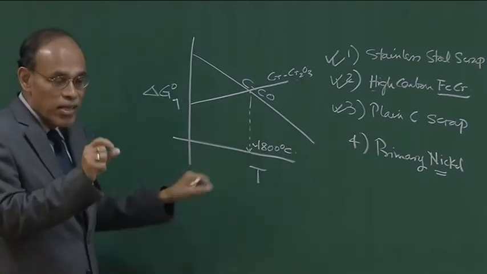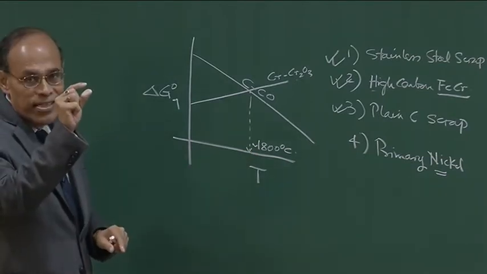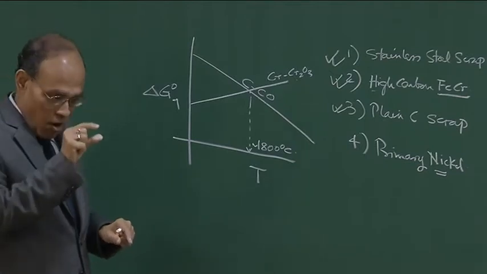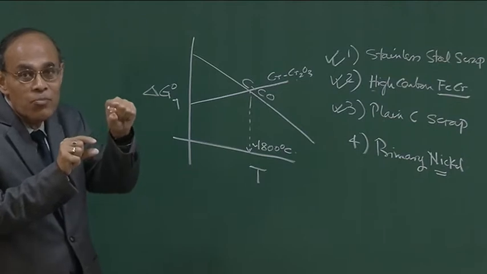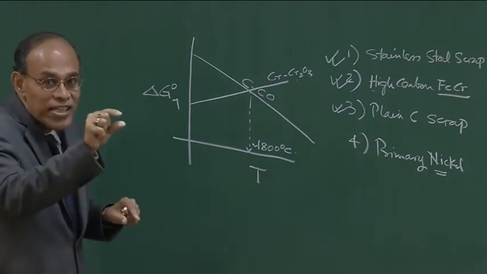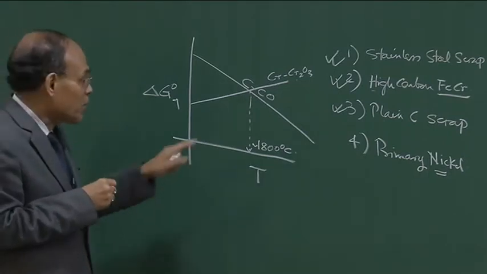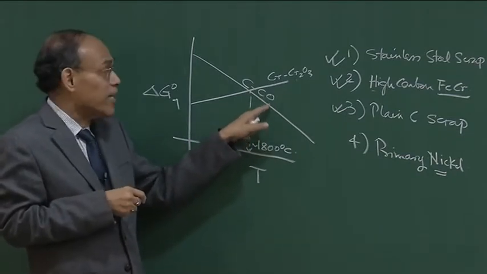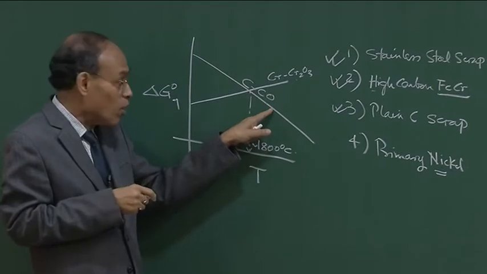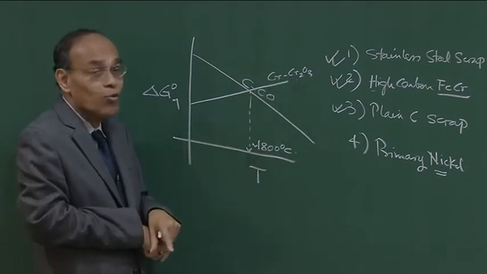So, if the temperature is more than 1800 degree centigrade and oxygen is available to react with a chromium atom or a carbon atom, oxygen is going to preferentially go to carbon, because at that temperature the free energy of formation of carbon monoxide is smaller than that of chromium oxide.